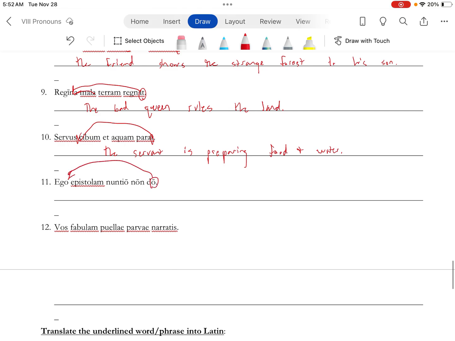Do is I, there's the ego is the I, so I, non do, I do not give. Alright, the letter, or I guess you could say I am not giving the letter to the messenger.